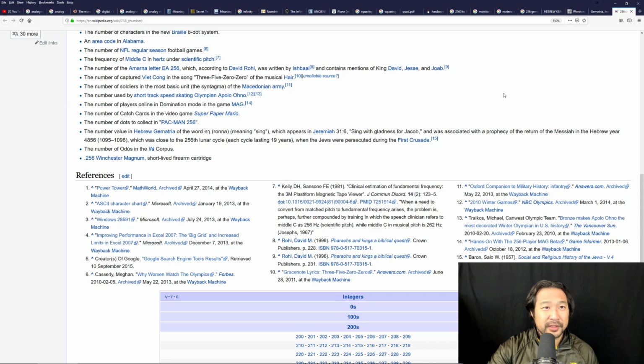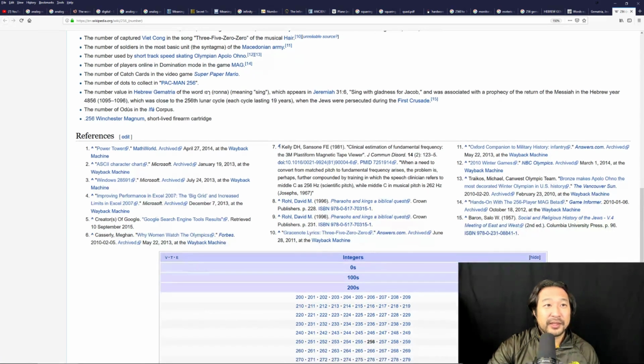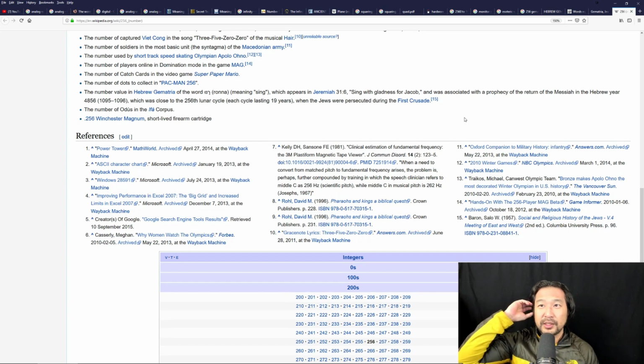The number of players online, Dominion mode, and Game Mag. Number of catch cards, yada yada. The value in Hebrew gematria of the word Rana, meaning sing, which appears in Jeremiah 31:16, sing with gladness for Jacob, which is associated with the prophecy of the return of the Messiah in the Hebrew year 4856, which was close to the 56th lunar cycle, each cycle lasting 19 years, wherein the Jews were persecuted during the First Crusade.